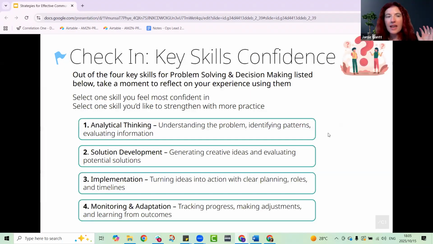So how confident are you feeling in these skills? So tell me, where do you feel most confident? What feels most challenging? I'll give you a moment and I'm going to drink some more water. I see some typing happening.